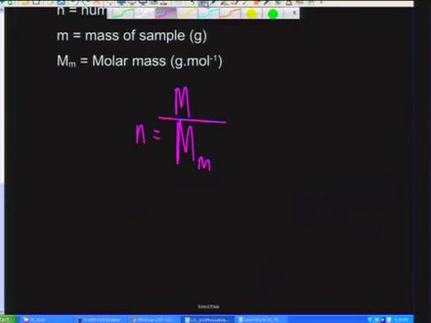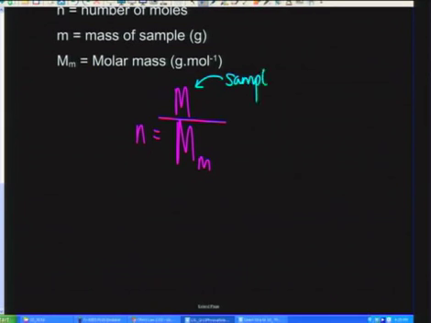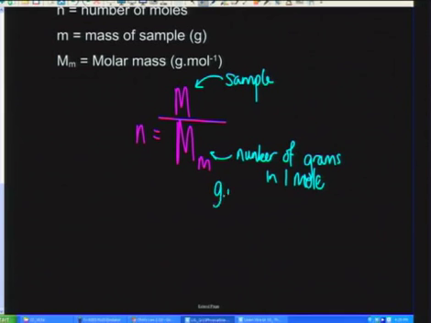Notice here, I'm speaking about the mass of the sample, and here I'm speaking about the number of grams in 1 mole, the molar mass. That is in grams per mole, and this one is in grams, because it's the mass of the sample divided by the molar mass.